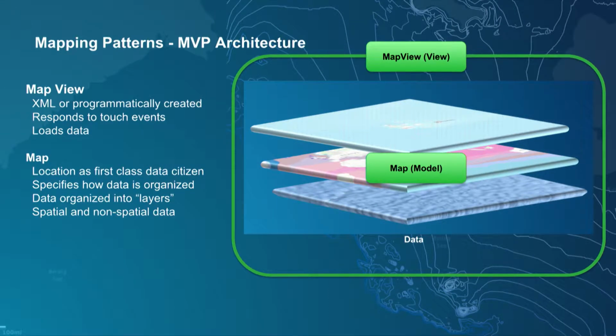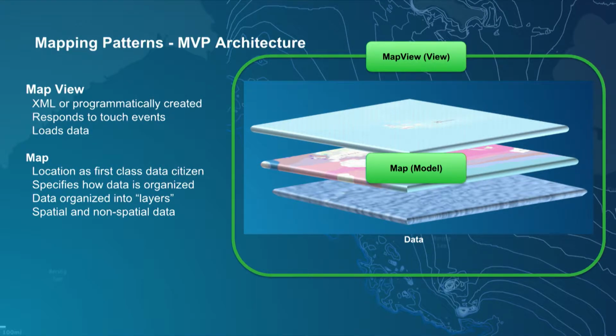Here we're seeing three different layers, and this is really just organization, layers of data. The map and the model is about data, and how you organize your data really depends on your app. You can have lots of complex data that you need to keep separate for different reasons, and the same thing goes for maps. You have different types of map data that you want to keep together and thus logically separate.